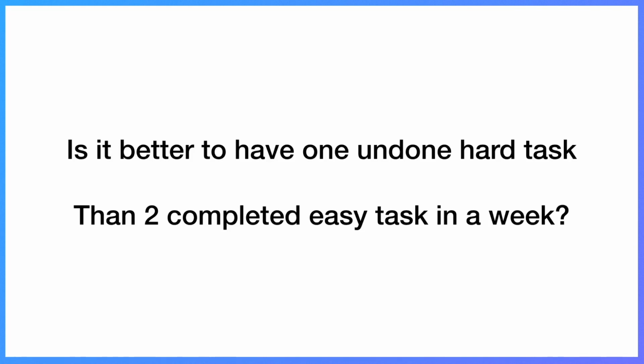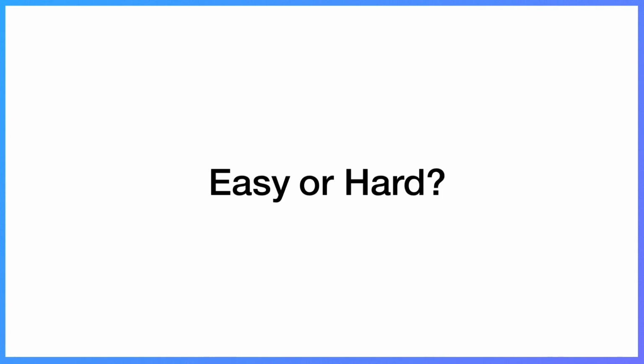In terms of doneness, the two completed easy tasks would increase the percentage of your overall to-dos. If you have one undone hard task that you focus on the whole week, then you haven't really done much. Therefore, my conclusion, if it doesn't have any priority, I would choose the easy ones.